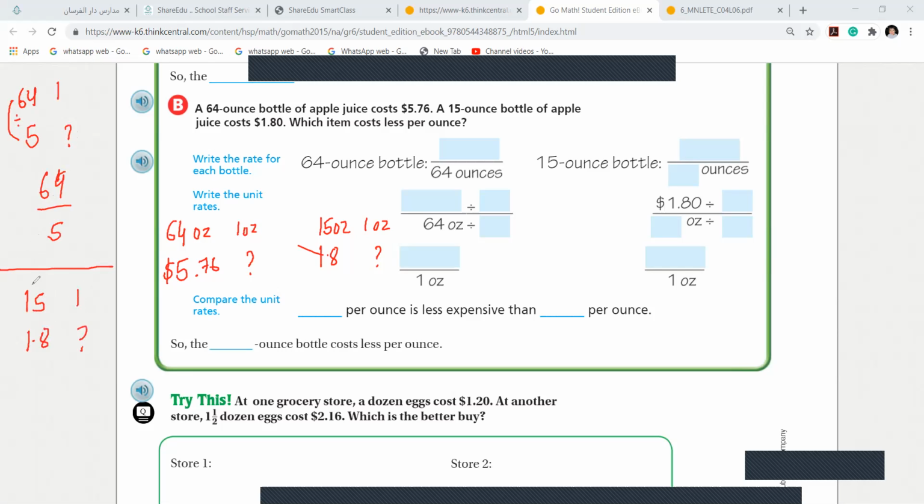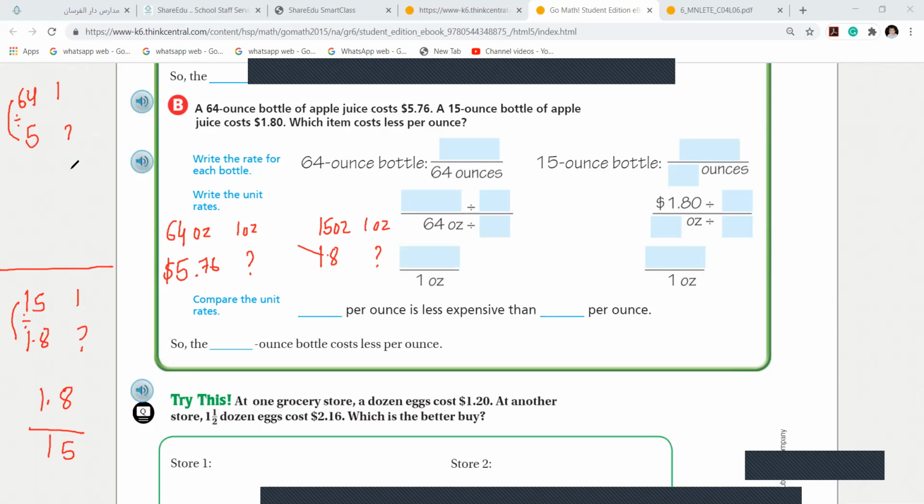So again, you will divide this, that is 1.8 divided by 15. And here, girls, I'm sorry, I forgot. What should I take first? Is it 64 over 5 or 5 over 64? No, 5 over 64. Yeah, because next to the question mark, I told you to remember this.